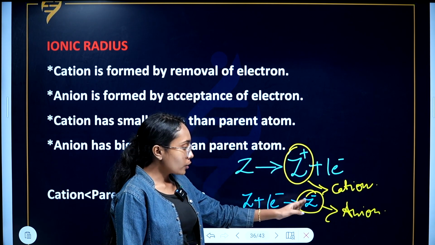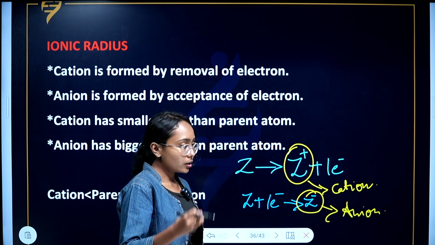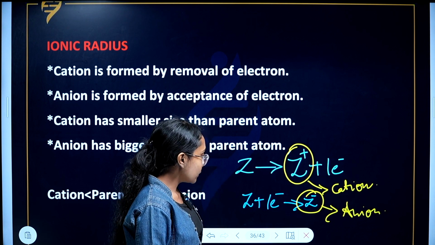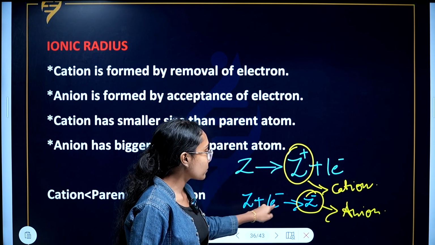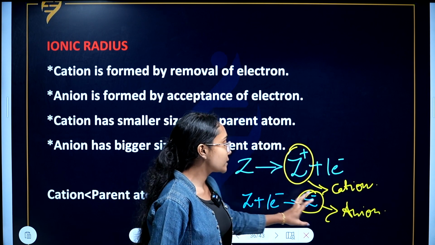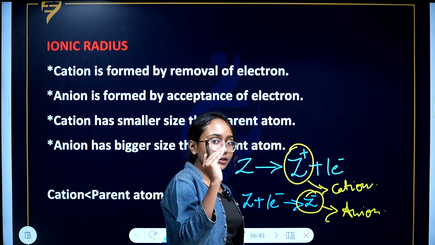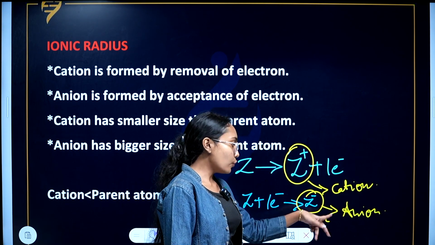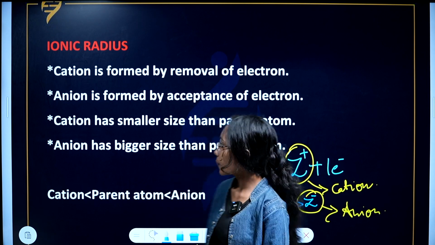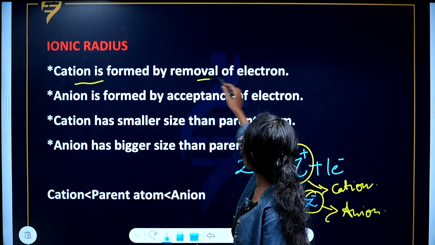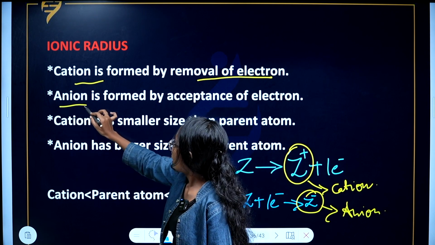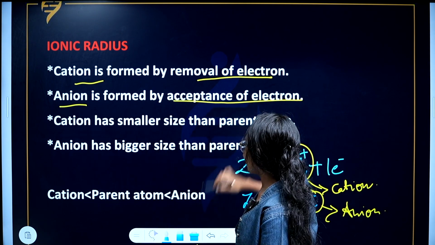In the case of anion, negative charge is given because Z, the parent atom, accepts an electron, it becomes Z minus. Ready? So cation is formed by removal of electron. Anion is formed by acceptance of electron.